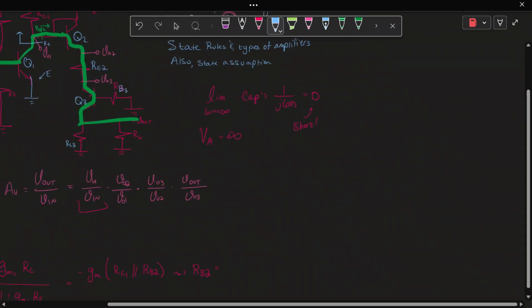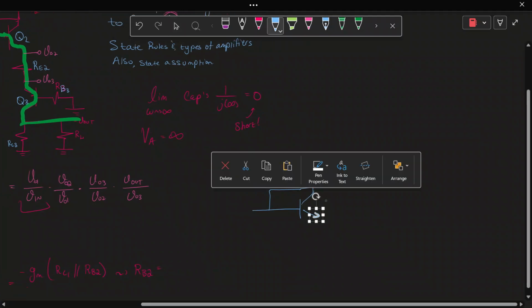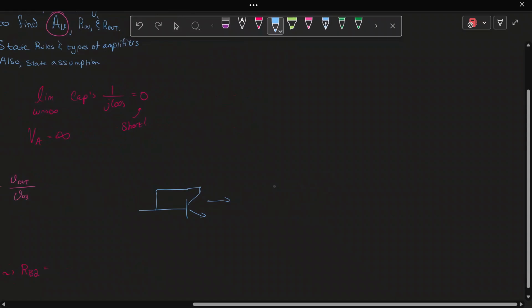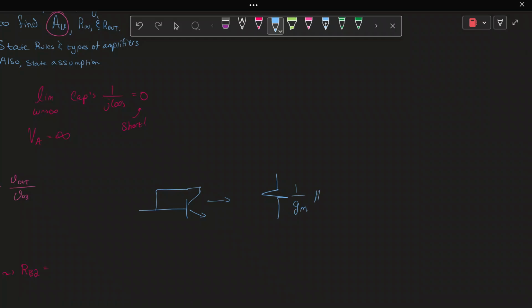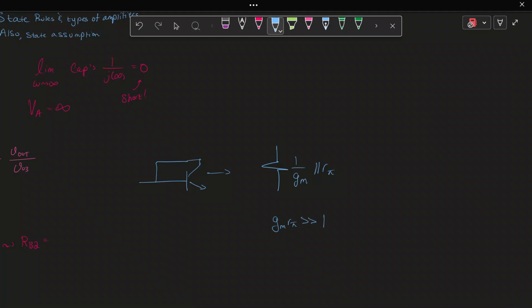This is something I recommend you put on your crib sheet. If you have a diode connected transistor, what this will give you in resistance form is 1 over GM in parallel with R pi. Now, I believe GM R pi is much greater than 1, which is beta.